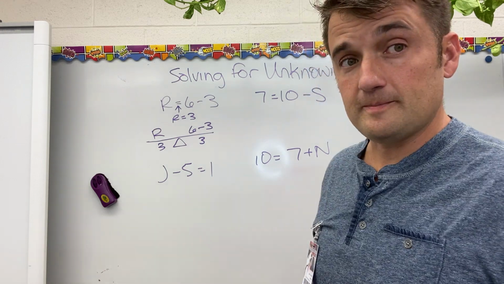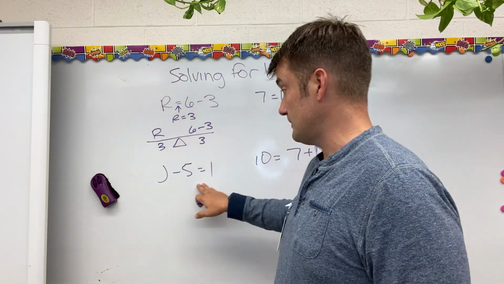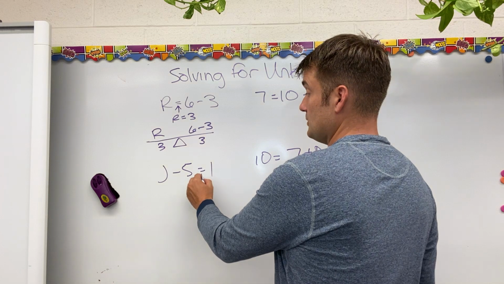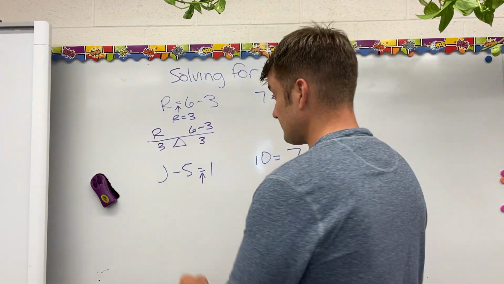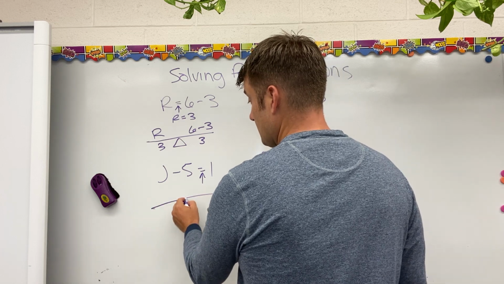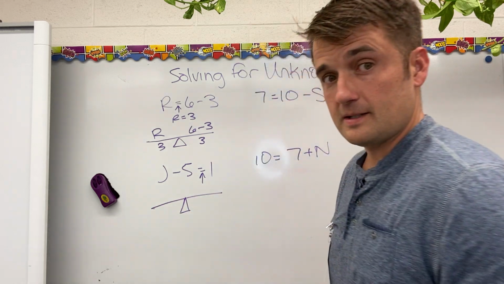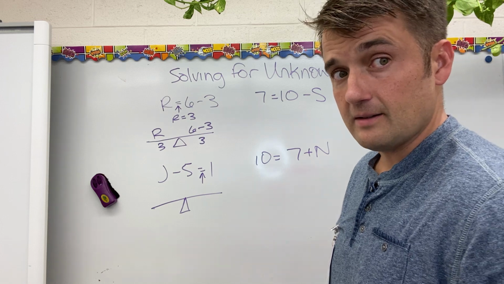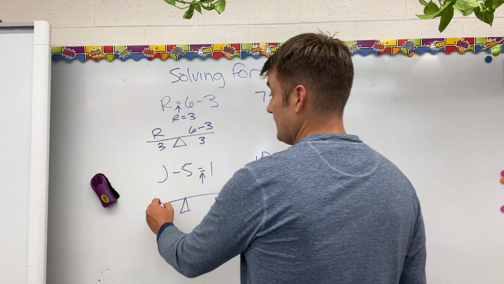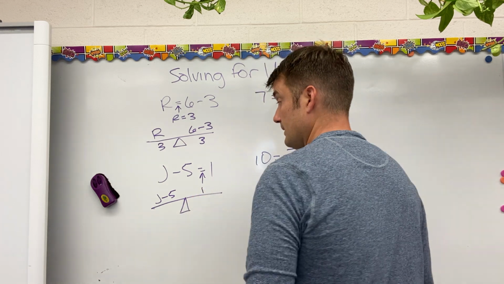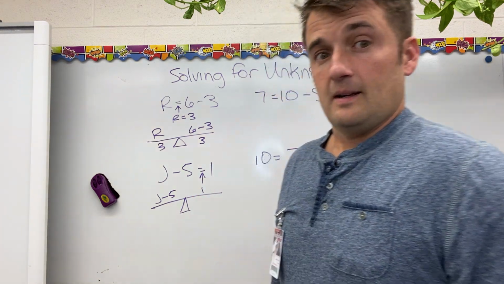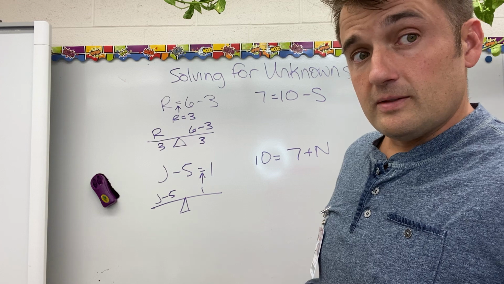Okay, let's do another one. So this one, okay, j minus 5 equals 1. So here's my seesaw. I'm going to balance it out. Okay, on this side, I have j minus 5. And on this side, I have 1. The 1 is all by itself, right?